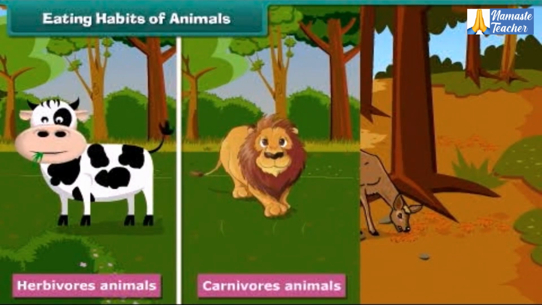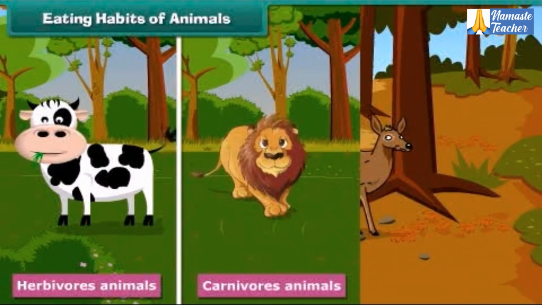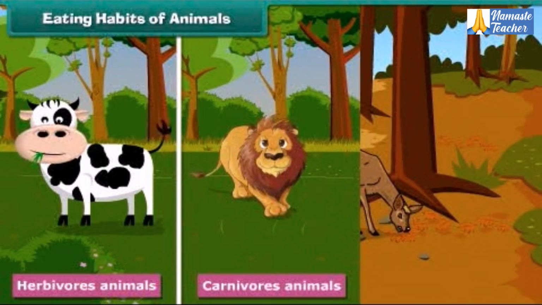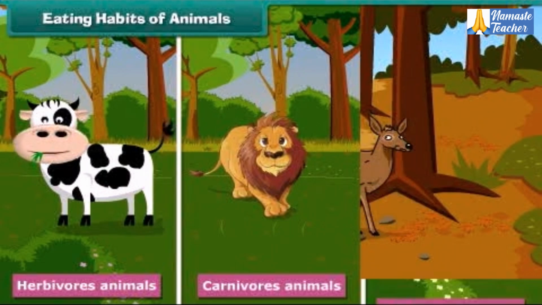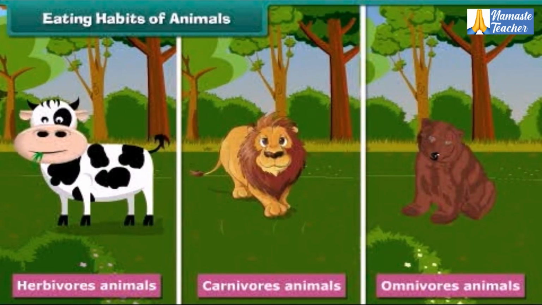Carnivores. Carnivores eat flesh with their sharp, pointed, and strong teeth. Lion and tiger are examples of carnivores. Omnivores. Omnivores eat both plants and flesh. Bear and crow are examples of omnivores.